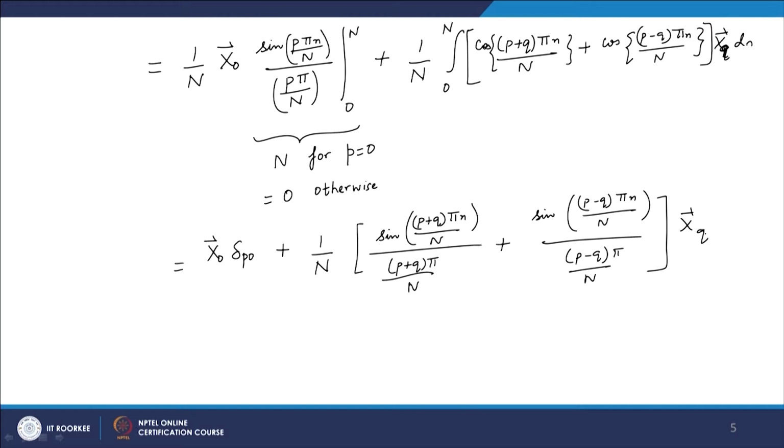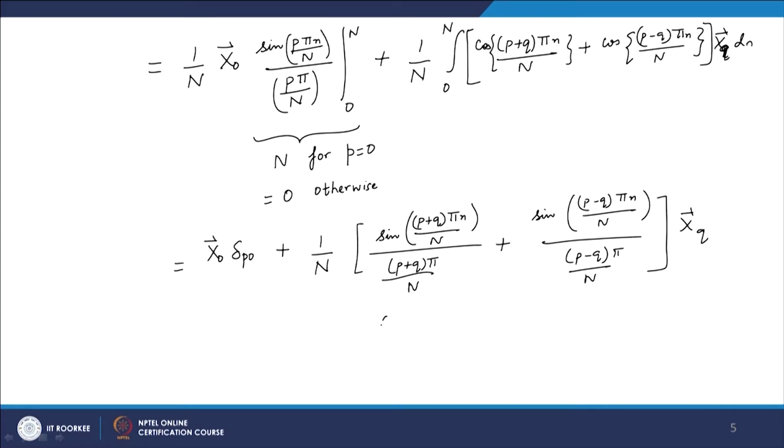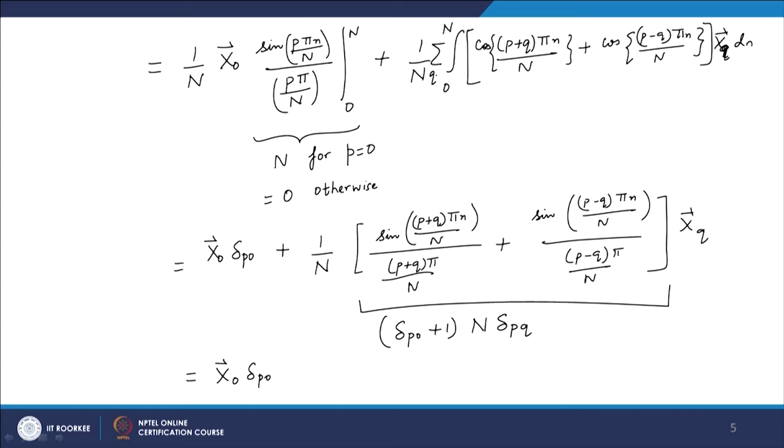So, of course, both of these are only non-zero when P is equal to Q, and as we have done earlier, this becomes delta P 0 plus 1 multiplied by n multiplied by delta P Q, that is all of this. And so, what we get is x 0, and this is sum over Q equal to 1 to infinity.